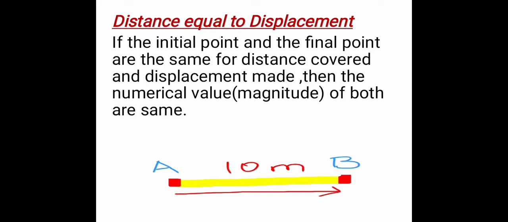Look at the picture. There are 2 points A and B. A is the initial point and B is the final point. Both are separated by a distance 10 meters.